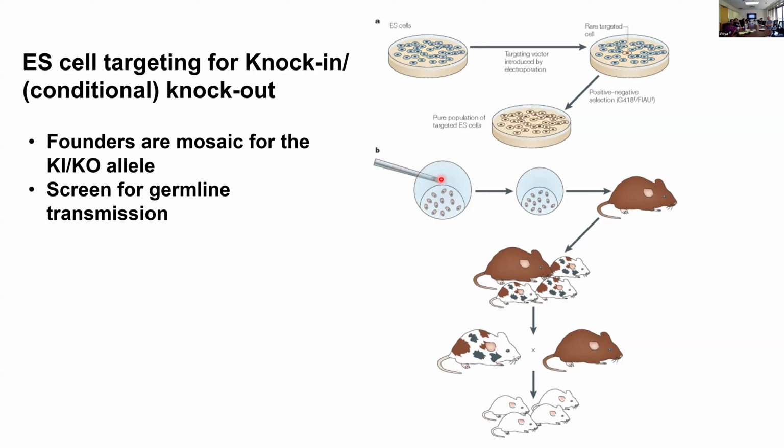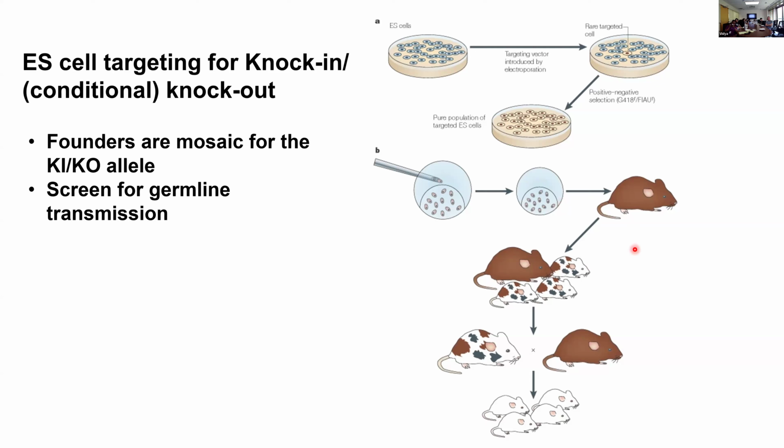The cells are injected into this empty cavity and get incorporated into this mass of cells. Again, we have to inject a lot of these blastocysts, and then they are implanted into surrogate mothers.